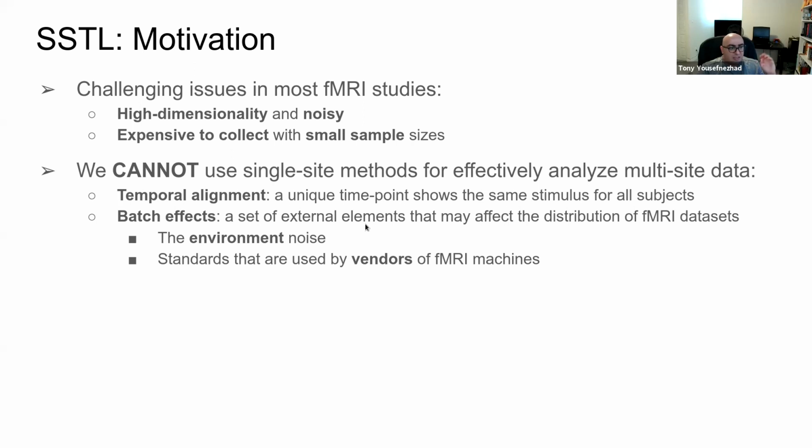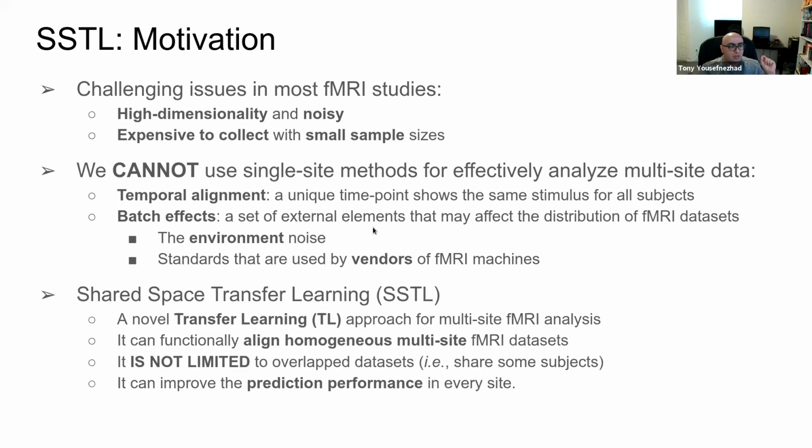So these reasons motivate us to make something called shared space transfer learning. We are using transfer learning, obviously, for multi-site fMRI analysis. It's not the traditional concept of transfer learning generally used in machine learning; it's a little different. Our SSTL can align homogeneous multi-site fMRI.